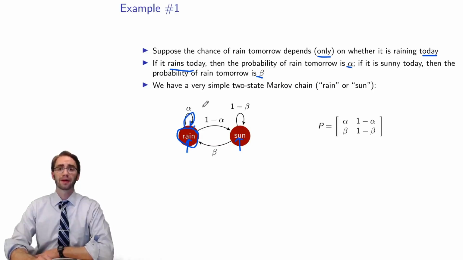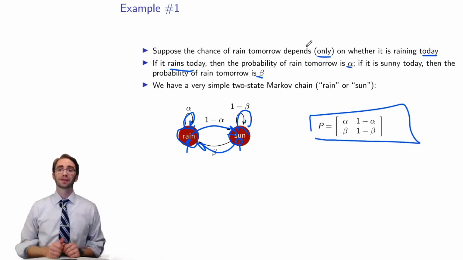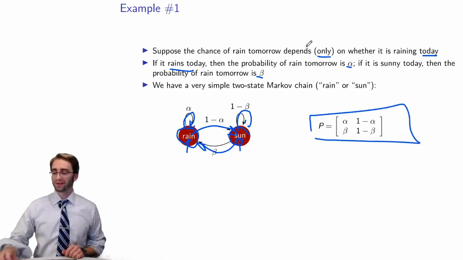That's the probability of going back to yourself like that. And the probability is 1 minus alpha of getting sun the next day. And equivalently, if it's sunny today, there's a probability beta of rain tomorrow and 1 minus beta of getting more sun. Okay? So you can represent that with this network. You could equivalently represent it with this matrix over here if you like, they're equivalent. Okay? That's a Markov chain.